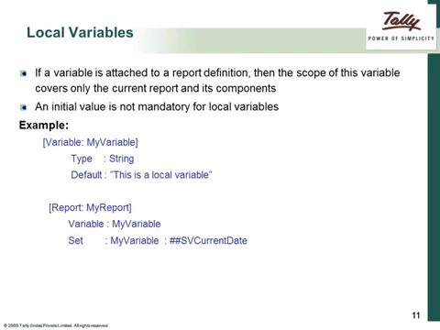As I said, initial values are not mandatory. You may have initial values, you may not, but these are called local variables, and these need to be explicitly called in whichever report you want to use. Clear? Everybody clear what's the local variable?